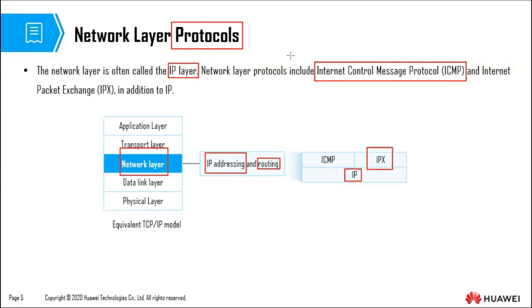Now, when you talk of IP, we also talk about the versions. We have IP version 4, and we have what we are moving to now, which is IP version 6.